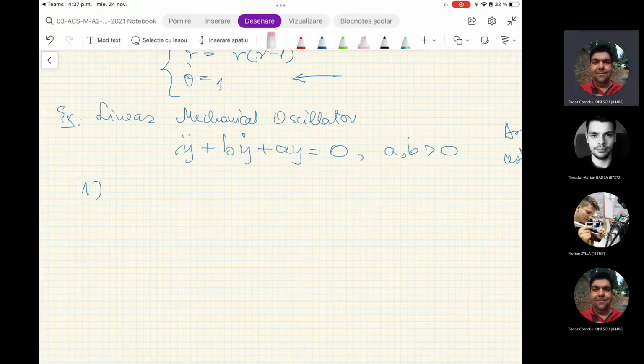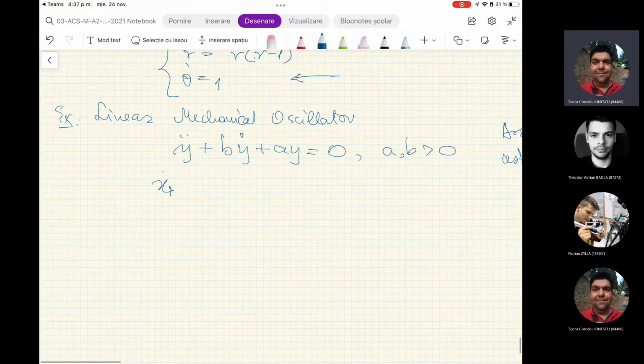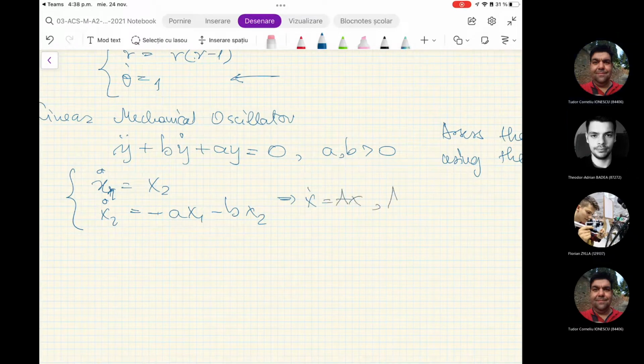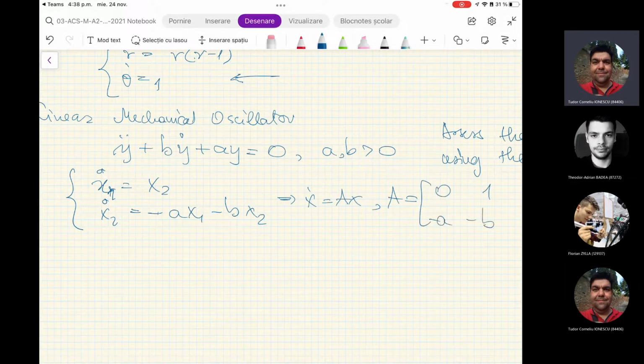So first of all, we have to write this in first order. So x1 dot is x2, and x2 dot is minus a x1 minus b x2. Now, we'd like to find some Lyapunov functions. This is a linear system, so essentially you can write x dot is Ax with the matrix A, 0, 1, minus a, minus b.